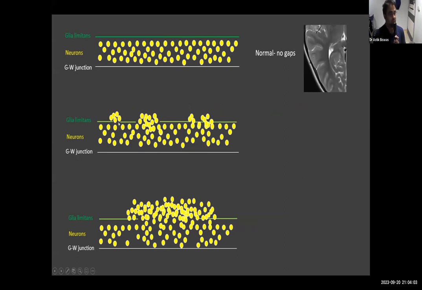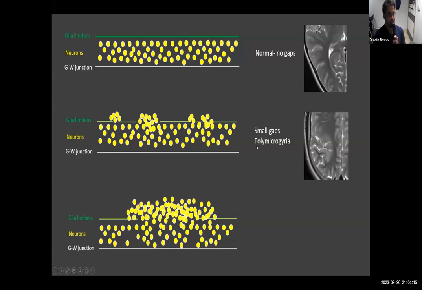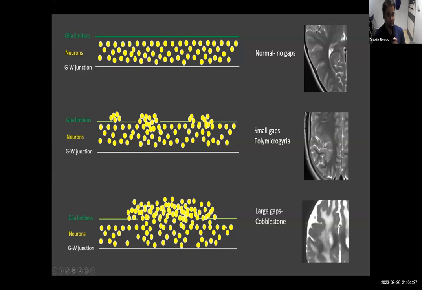If there are multiple small gaps, then these neurons tend to over-migrate and lie along the leptomeninges. So if the gaps are small, they tend to cause polymicrogyria, as we can see here. If there are large gaps, then all of this forms an irregular heap-like appearance, causing cobblestone malformation.